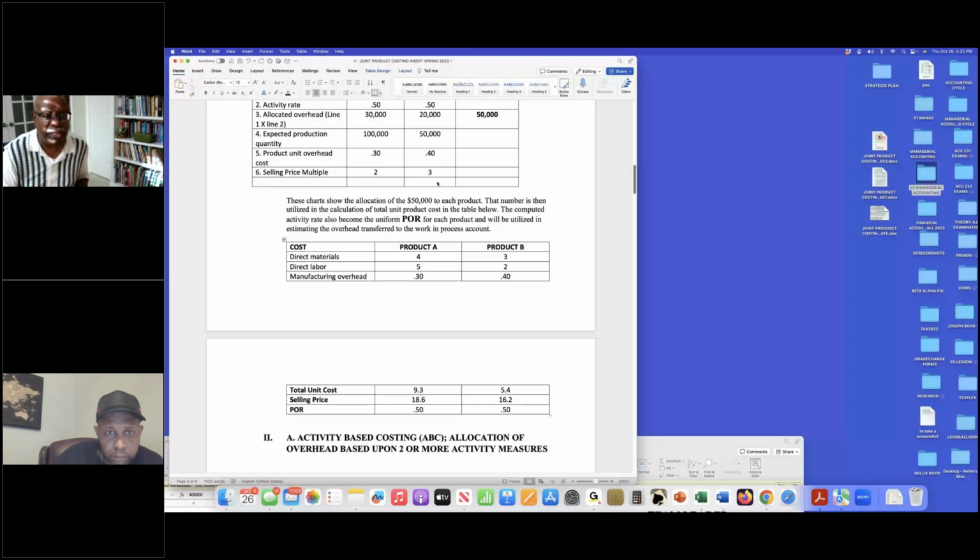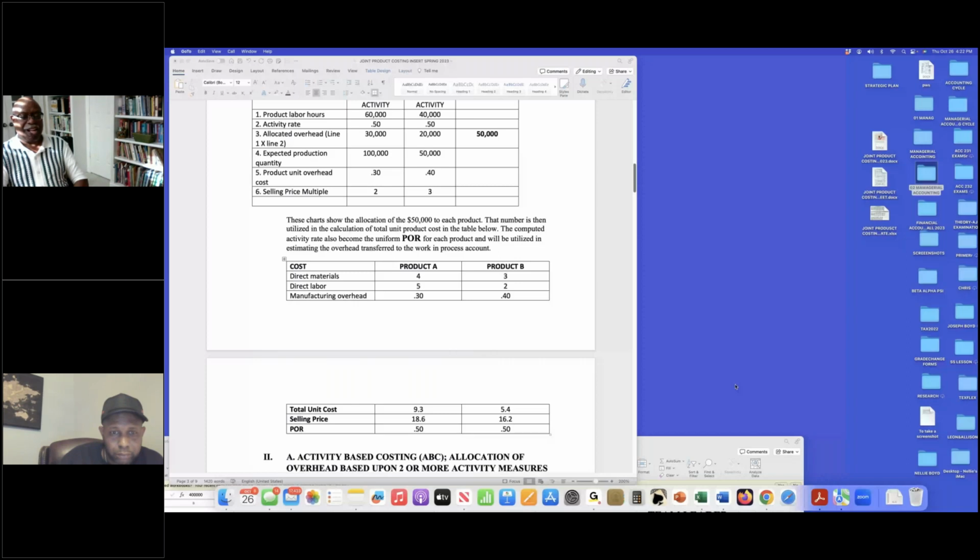So the selling price is 2 times 9.3, 18.6, and 3 times 5.4, 16.2. And the POR, where did we get that from? The activity rate. Is everybody clear now? Yes.